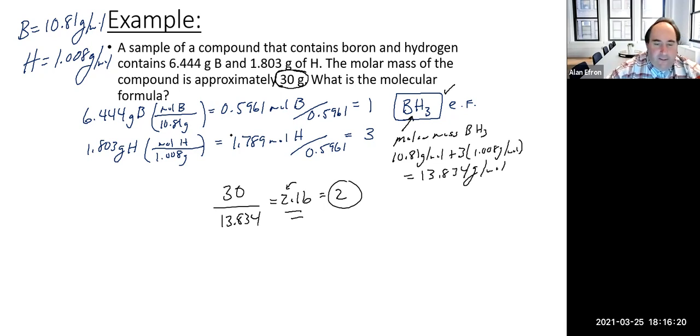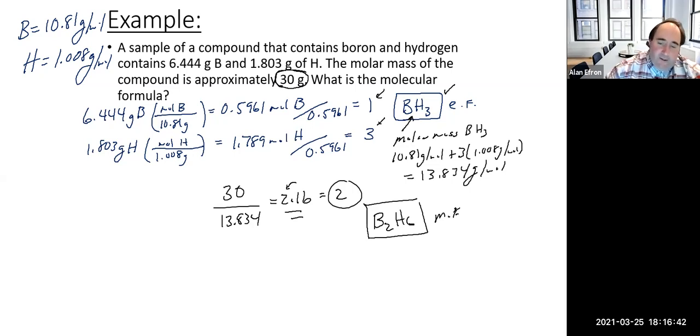If you got 2.16 up in the empirical formula part, you probably shouldn't round, but for the molecular formula part, it's okay. And that means our molecular formula would be B2H6 in this particular case.